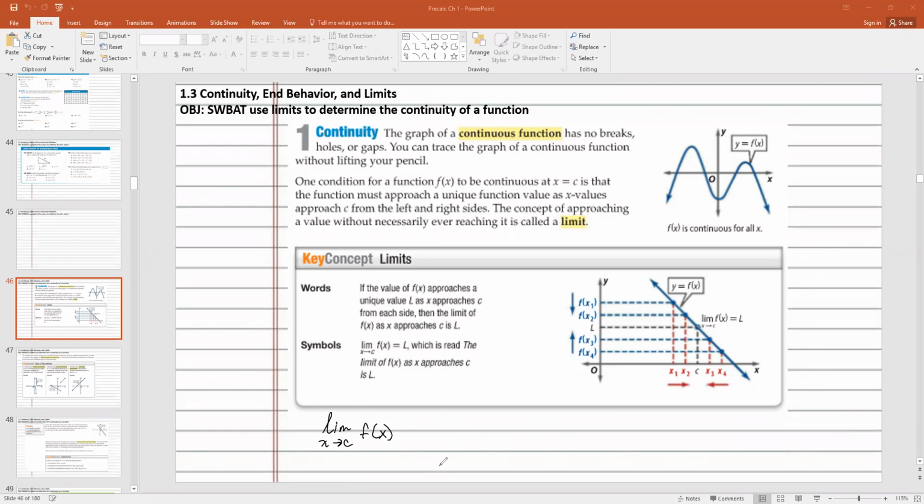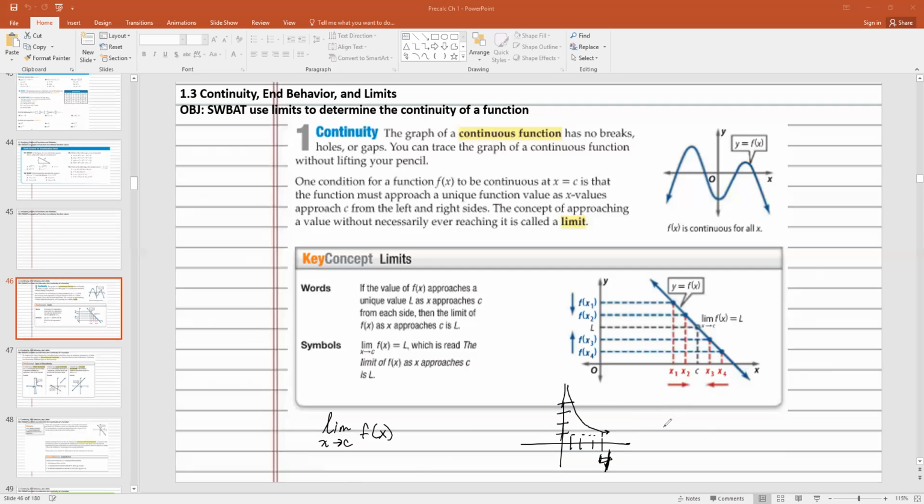So on the graph, say around 4, the y value is around 1, right?